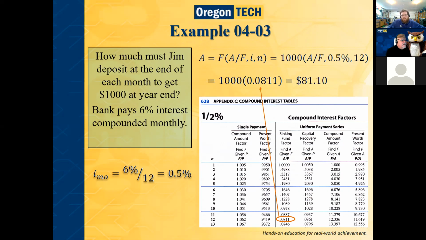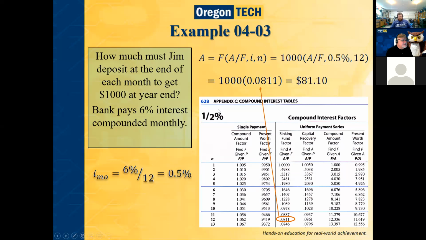Okay, again, you can use an annuity factor. Your future value is $1,000 in the bank. To figure out the amount each month you have to put away, you go down to that, say 628. It pays 6% interest compounded monthly. 6% divided by 12 is 0.5%.